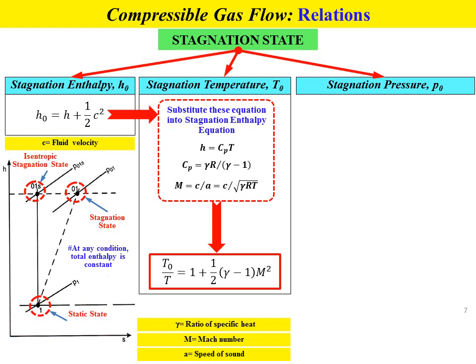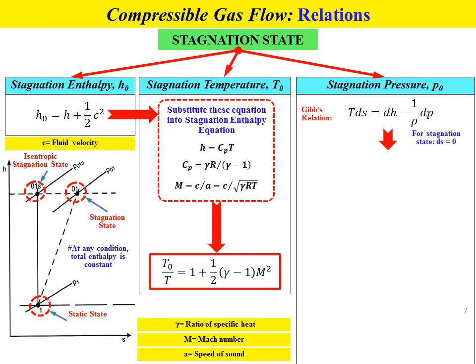Okay, so next, the third equation, for stagnation pressure. The basic equation actually refers to the Gibbs equation, the equation that you have learned in Thermodynamics 1, where TdS equal to dH minus 1 over rho dP. For the stagnation state, dS will be 0, so we get a new simplified equation, dH equal to 1 over rho dP.